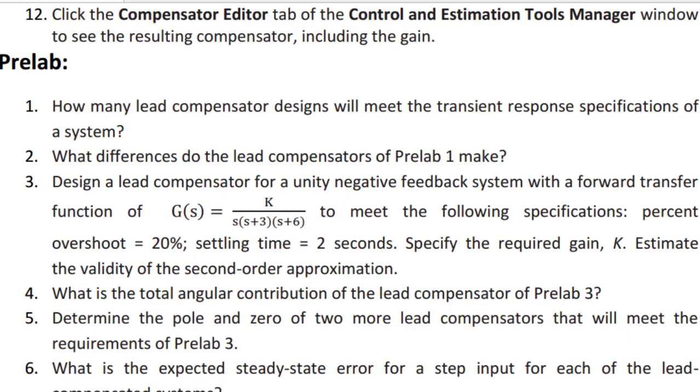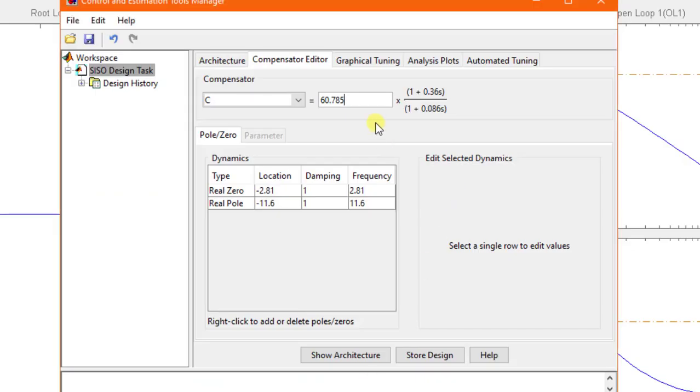So what we need to do here is find the final transfer function. We have a compensator k value of 60.785, but here we have a zero at 1 plus 0.36s and a pole at 1 plus 0.086s. We know that the real zero is at minus 2.81 and the real pole that we have added is at minus 11.6.